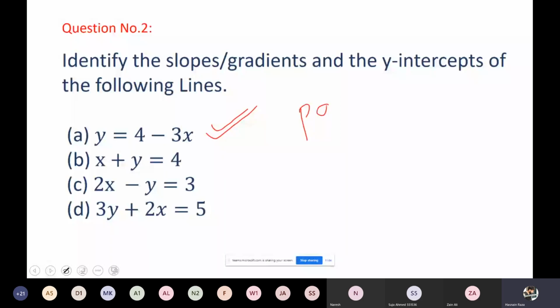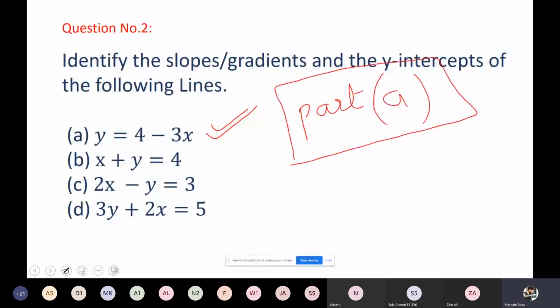It is written: identify the slopes or gradients and the y-intercepts of the following lines. And the equations are given. Part A says y equals 4 minus 3x. Do not share your answers until I ask you to do so. The time is running. Think what you possibly could do.